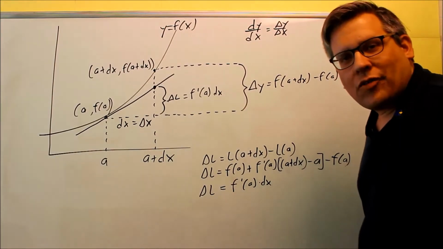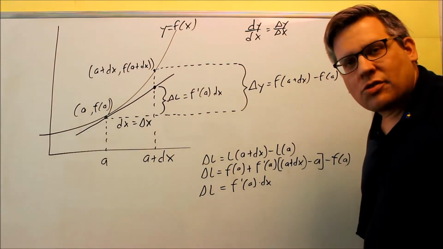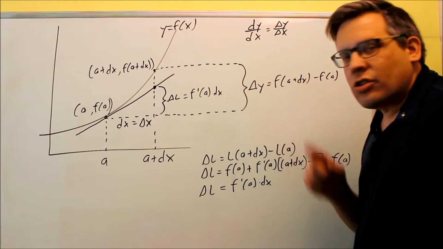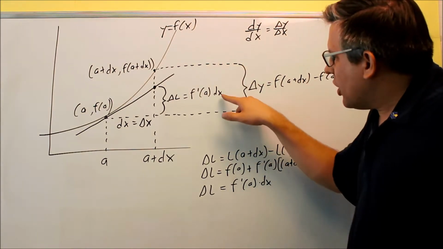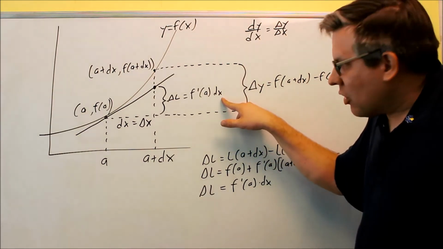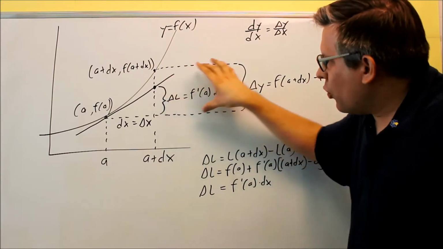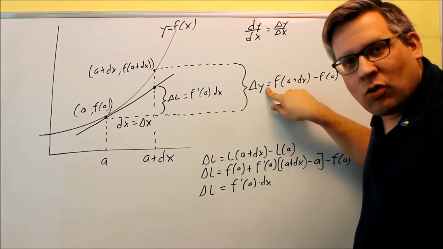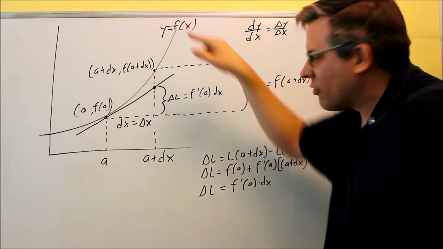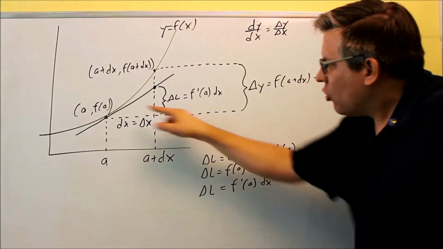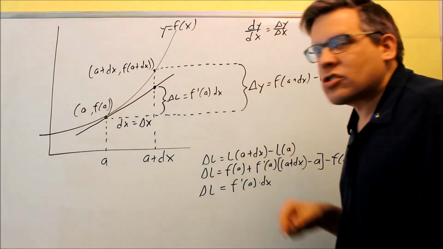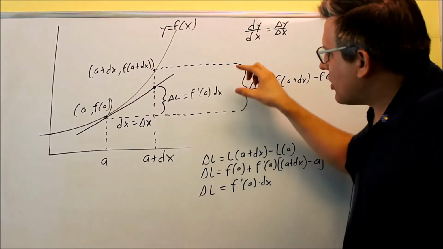Okay, one more thing. If you're wondering what you're using linearizations for, this picture actually describes it as well. If your dx is very, very small, then what we're going to say is that this delta L right here, we can represent that as a delta y. We're saying that instead of using the original function, which might be too complicated, we're using a linearization instead.